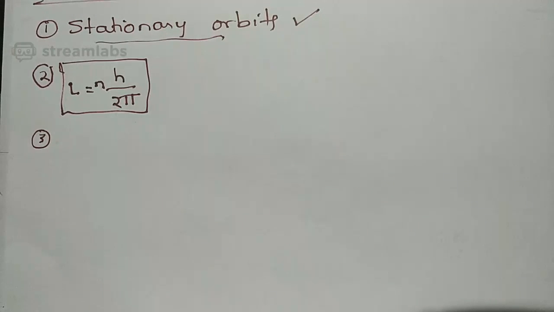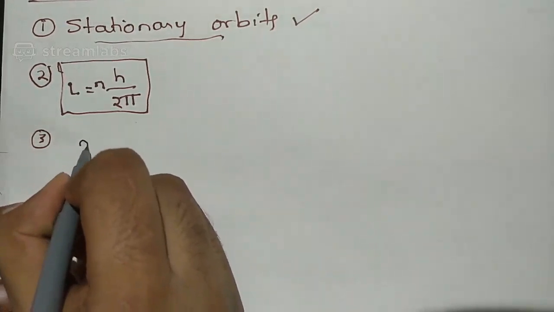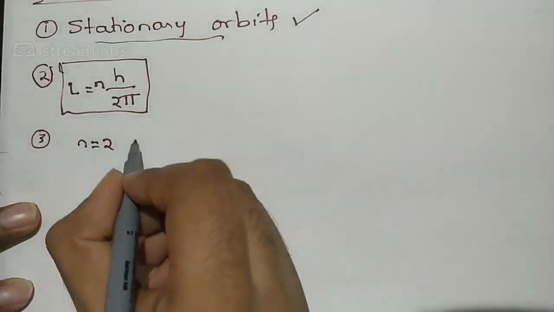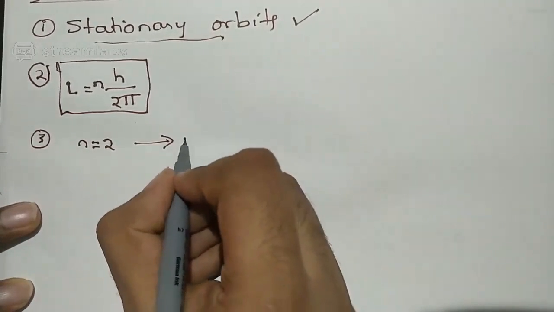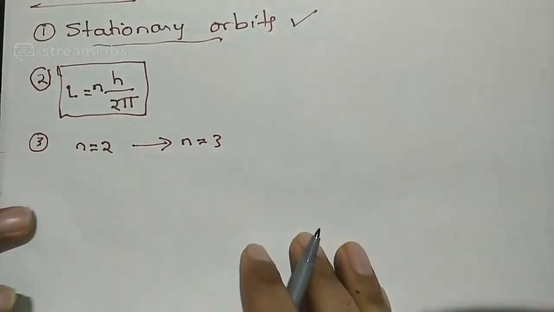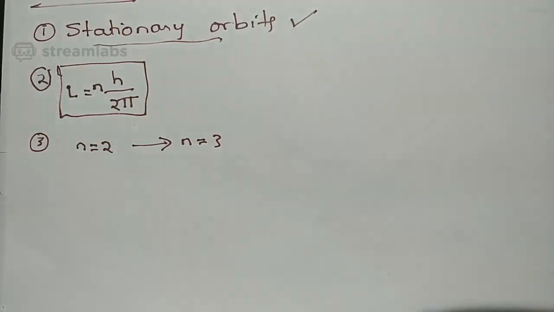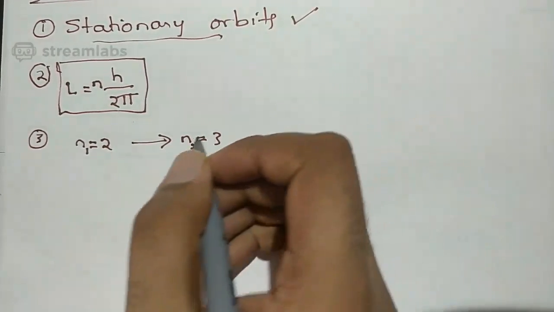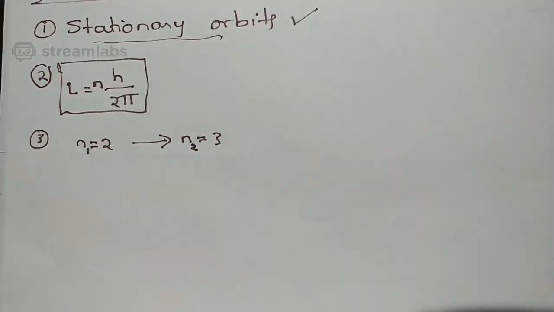Suppose the electron is in the n equal to 1 state and you supply a sufficient amount of energy. Let's say as an example, if I take n1 equal to 2, then it can jump to n2 equal to the third state by taking energy from the outside.